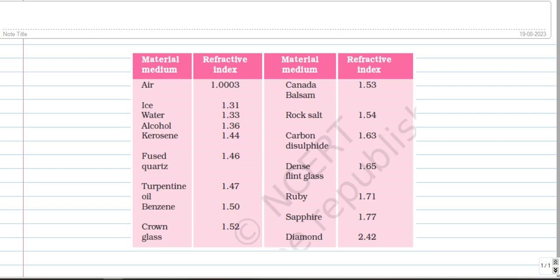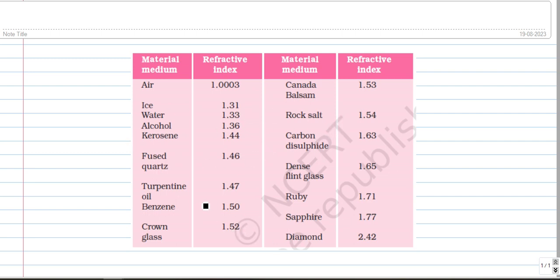So there is a small variation; it is not equal to 1. The refractive index of air is 1.0003. Then for ice it is 1.31, and for water 1.33.